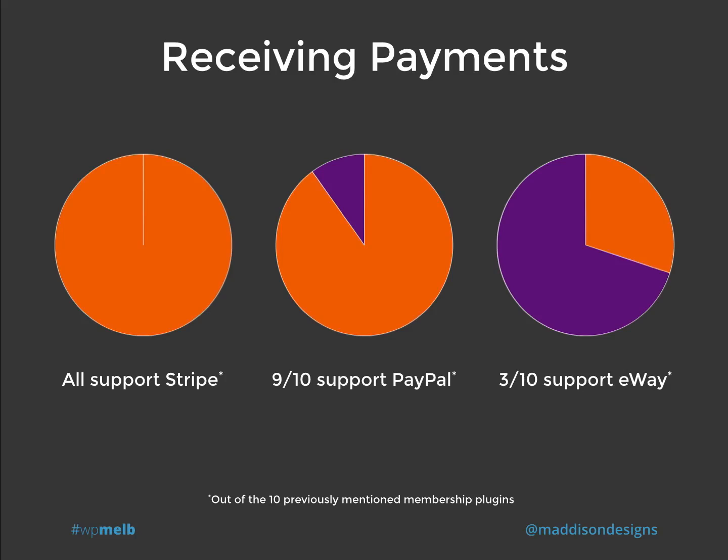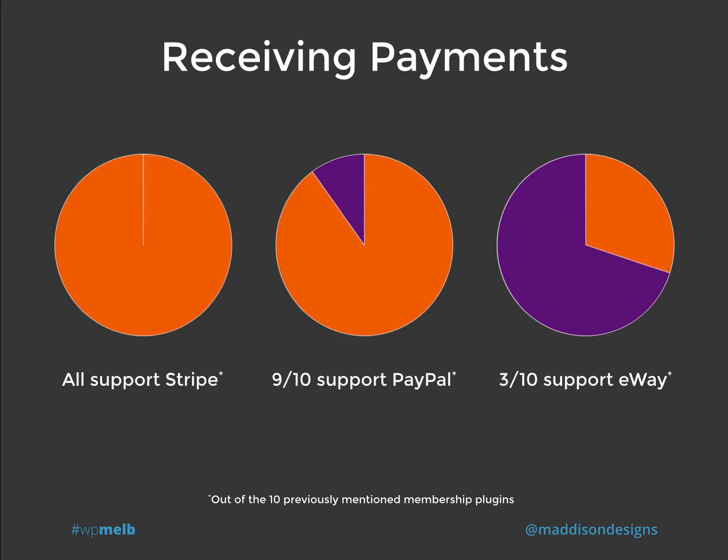Out of all those membership plugins I just mentioned, all 10 of them, all of them support Stripe. 9 out of the 10 support PayPal. There's only 3 out of 10 that support eWay. eWay here, if you've ever done an e-commerce site or a membership site, is a really popular payment gateway over here. It's well supported, connects with all our banks.